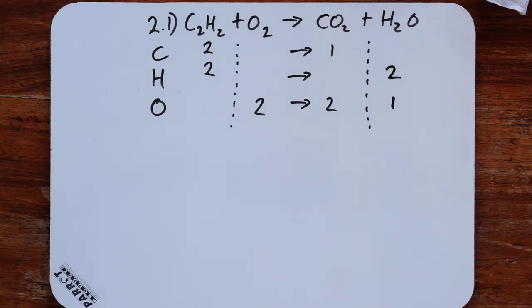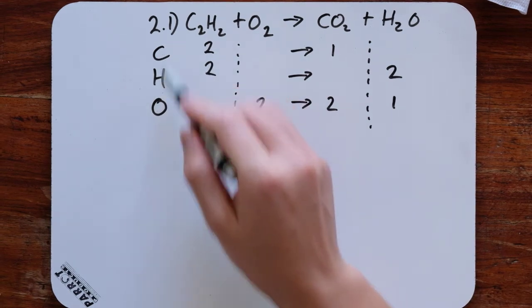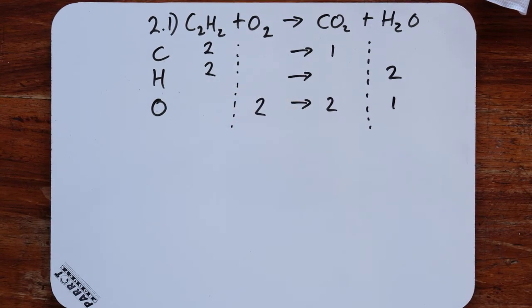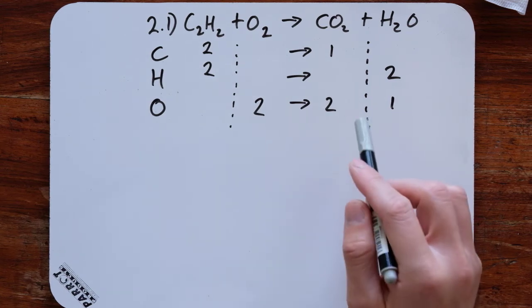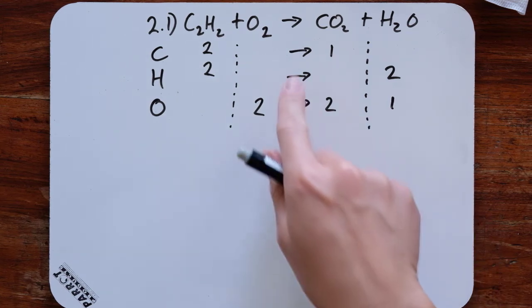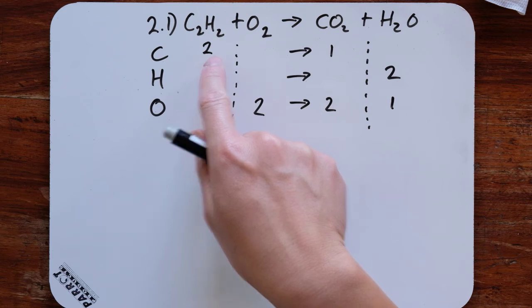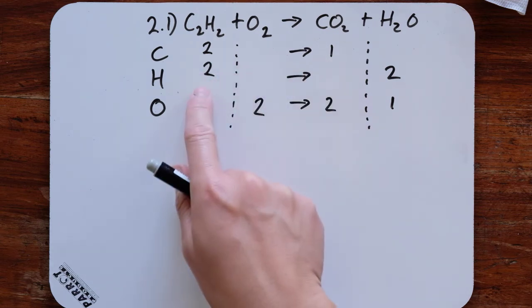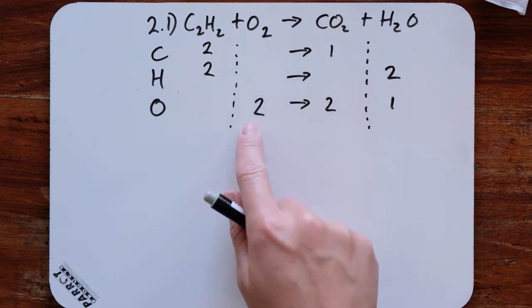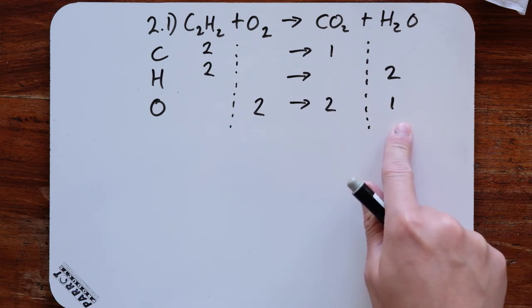What I've essentially created here is that I've split them into the different elements and the amount of each. Now what we can see is that the carbons do not add up, hydrogens do add up, oxygens do not add up.